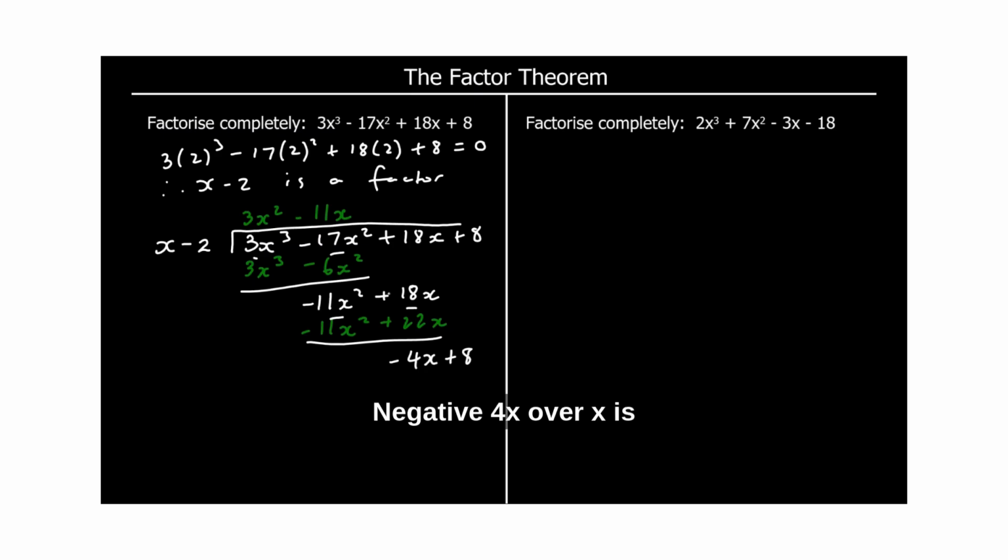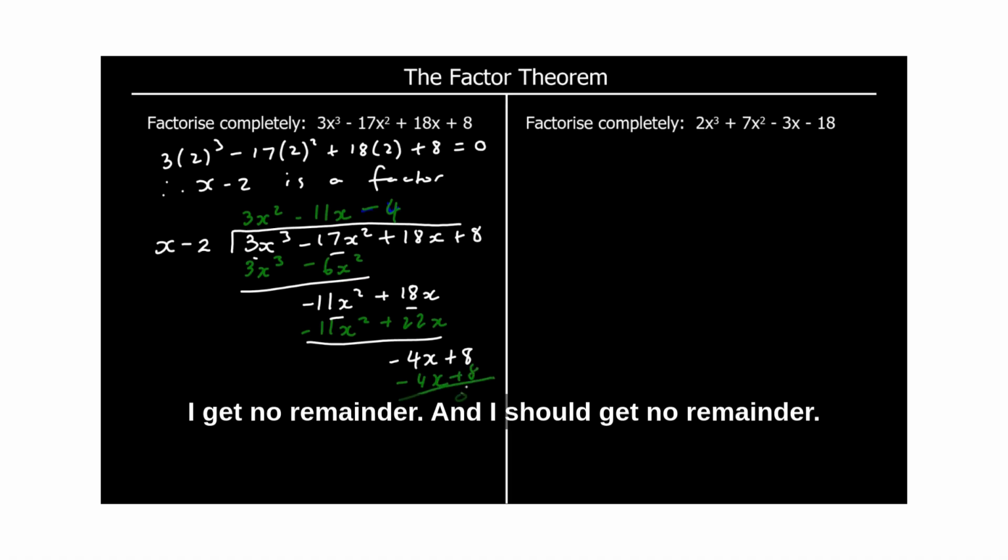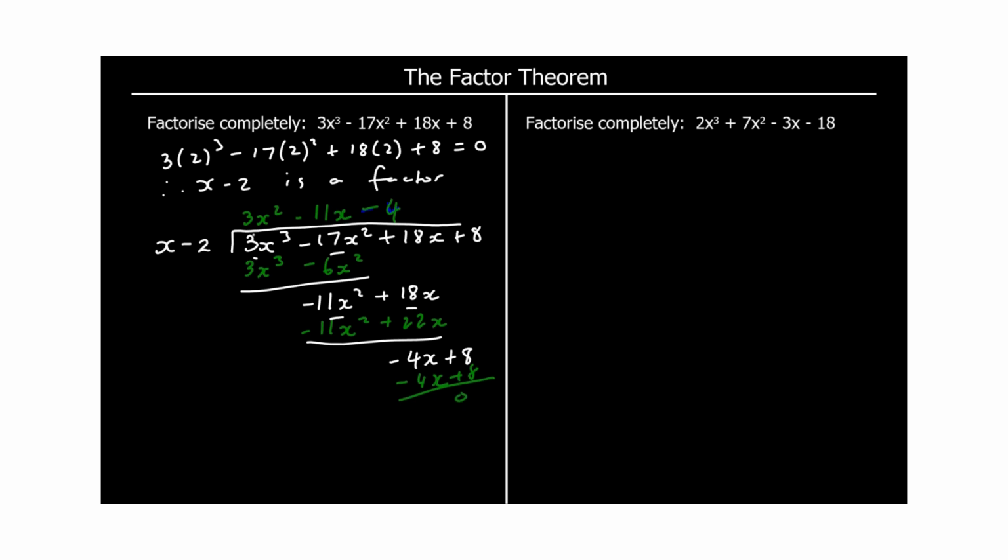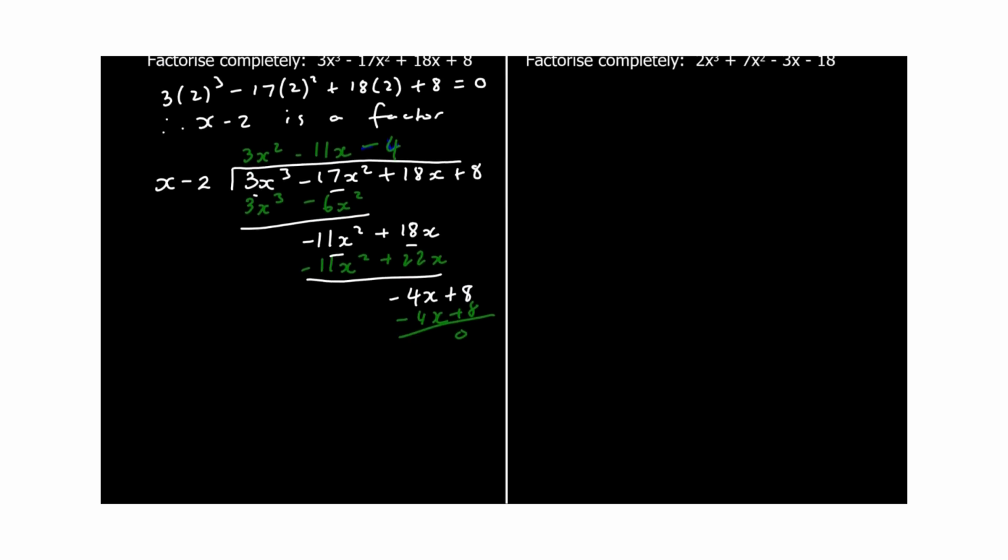Negative 4x over x is negative 4. If I times by that, I get no remainder, and I should get no remainder because I know x minus 2 is a factor. So we have x minus 2 times 3x squared minus 11x minus 4.